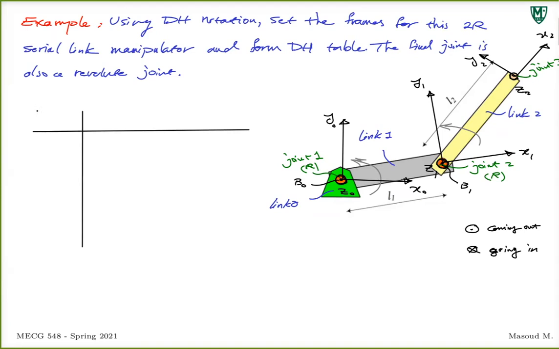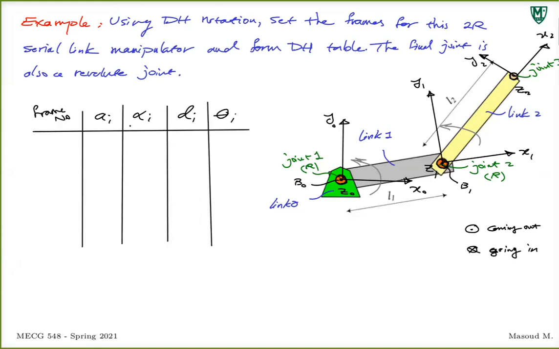We always start with the frame number, the first frame: a_i, alpha_i, d_i, theta_i. For frame 1, the distance between z0 and z1 along x1 is L1, right there.